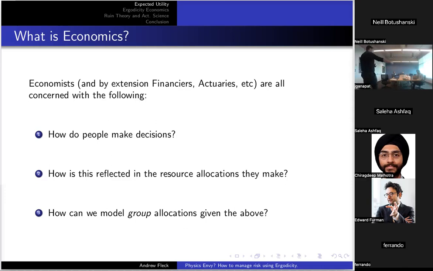How do they make allocations socially? If you're participating in a market, you want to know how other people are going to behave. If you're insured, you're thinking about how the risk pool behaves and how you compare against other people. Ultimately, it comes down to how people make decisions, and how we can think about the social effects of this.